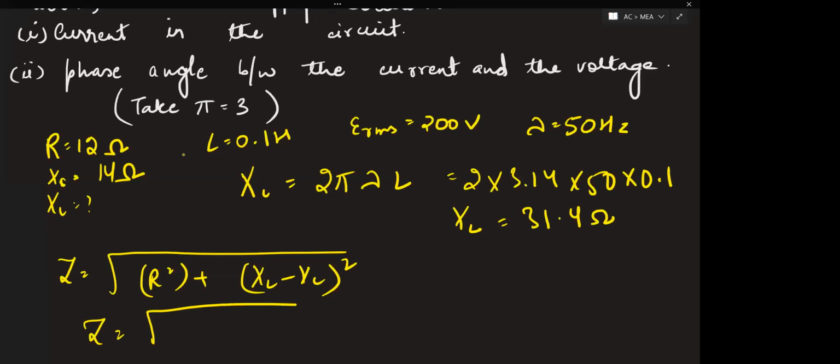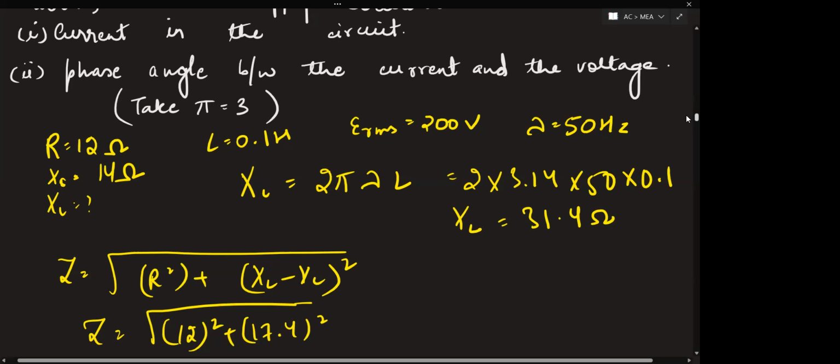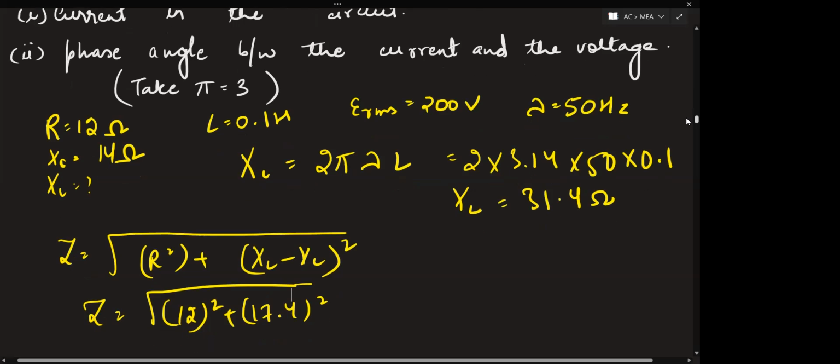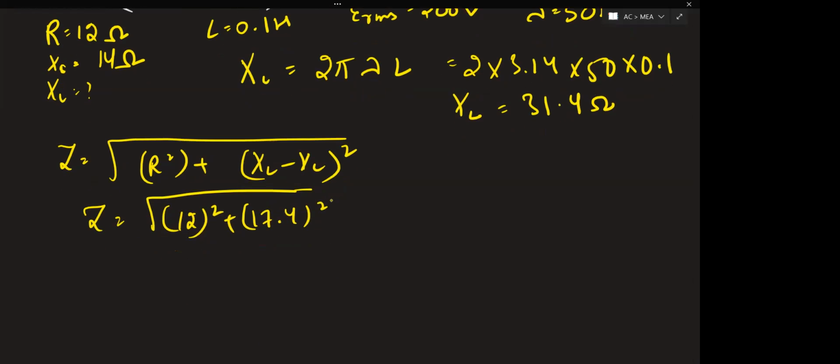So Z will be equal to under root 12 whole square plus 17.4 whole square. This will be the impedance value. So that will be equal to under root 144 plus 17 into 17, not 17.4 it is. Okay, I'm leaving the answer till here only. You can calculate and see afterwards.